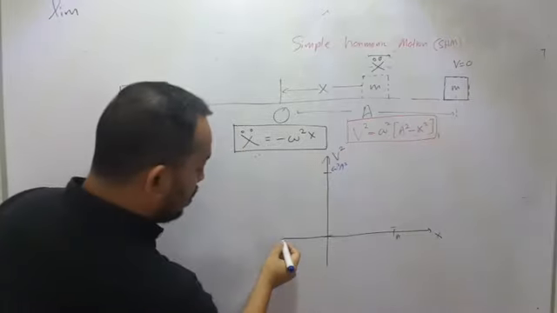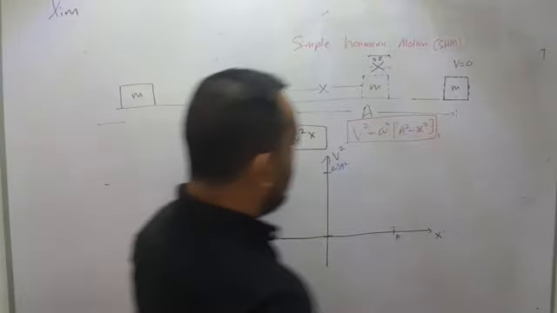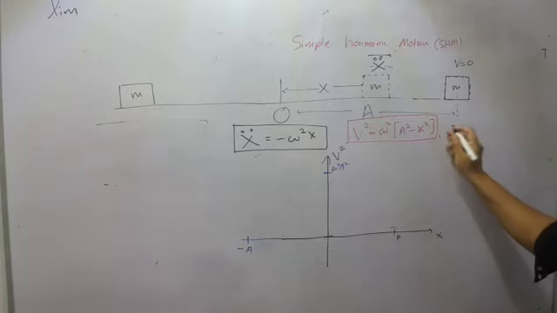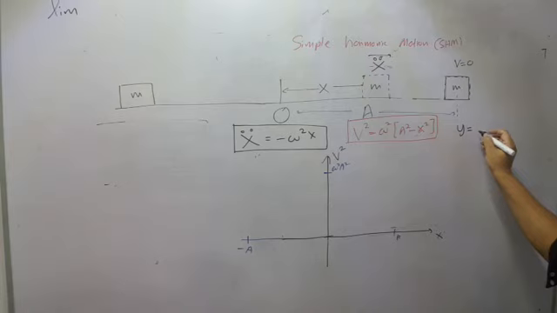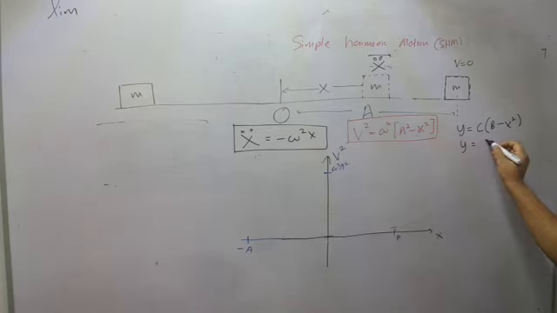So we can extend this to minus a. Now, what is the shape of this equation? This sort of looks like y equals some constant c times another constant b minus x squared. So this is y equals minus c x squared plus cb, right?